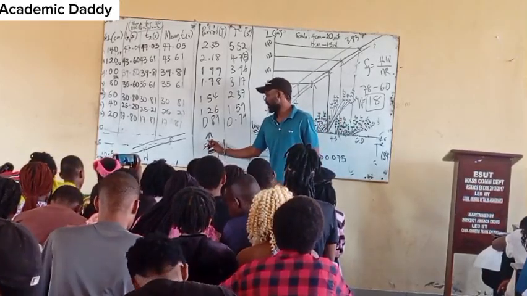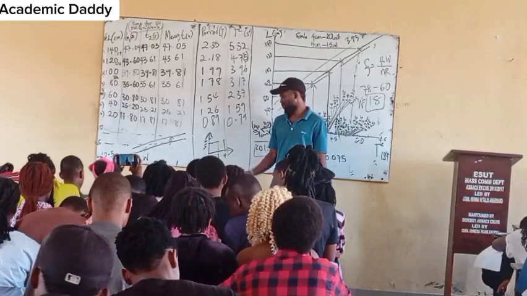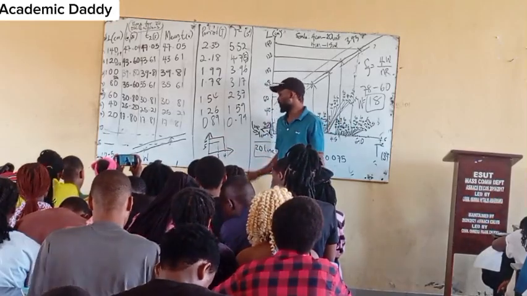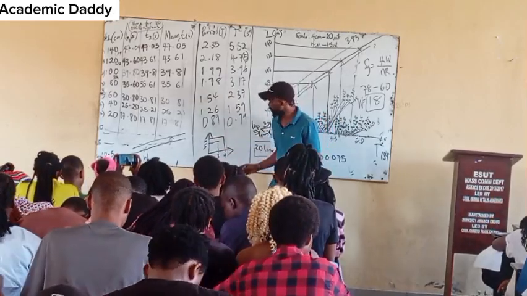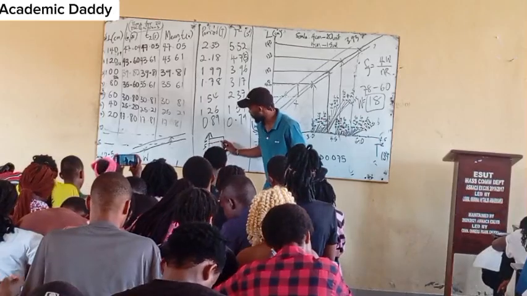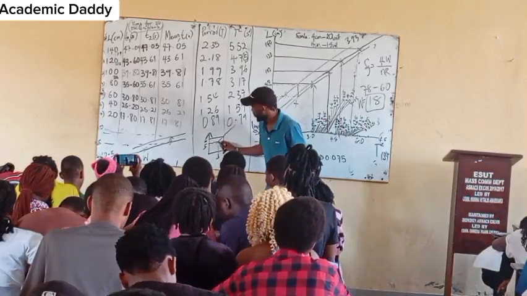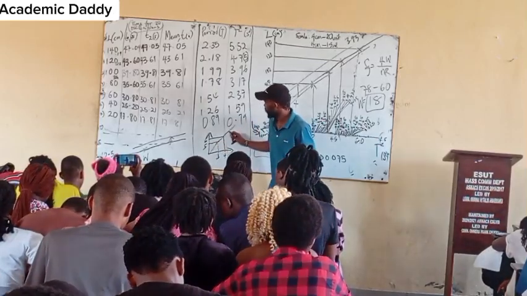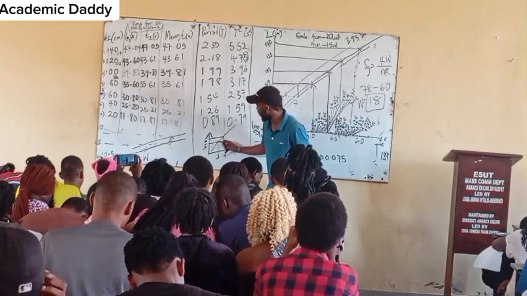Let's say here it's 5, and the next one is 6. Now let's say this forms my slope.